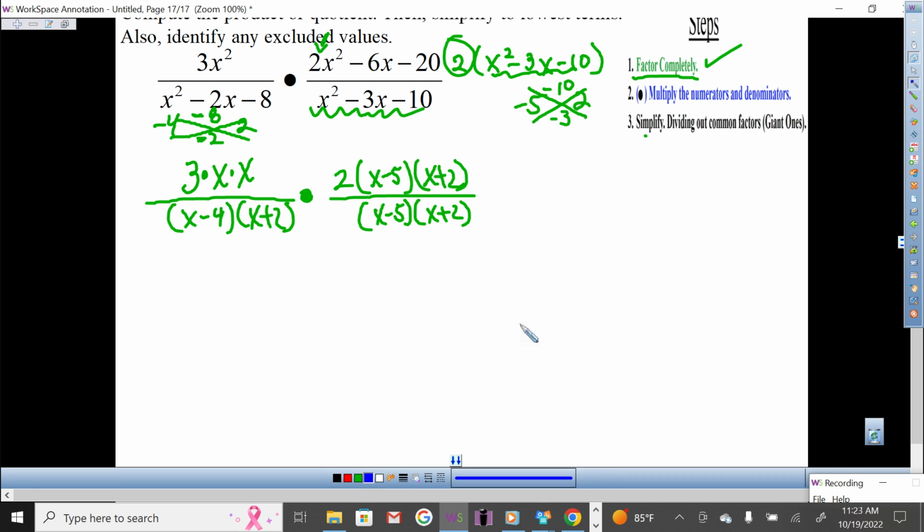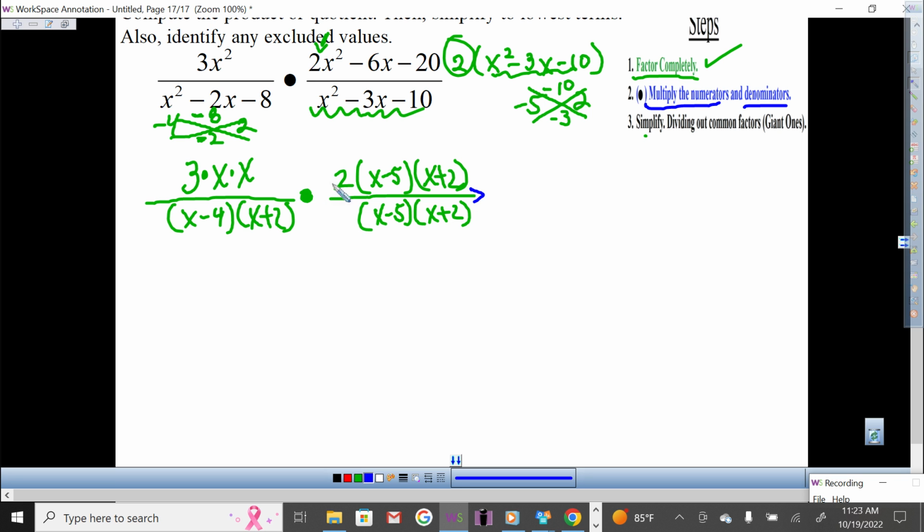Let's go to step 2. Multiply numerators times numerators, denominators times denominators. Now look up. I'm not going to actually multiply and simplify. I'm just going to write it all in factored form. I'm going to start with numbers first, then variables, and then binomials.